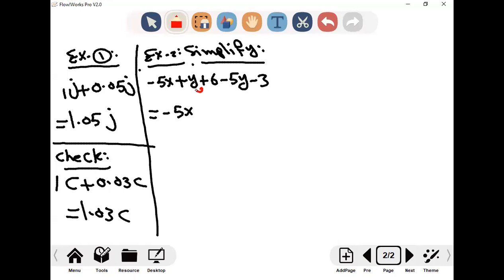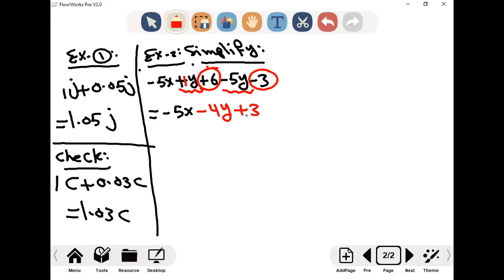How about the y? Here y power 1, here y power 1. So they are like terms. So what's the number beside the y here? We have 1. Plus 1 minus 5 is how much? Negative 4y. Then 6 minus 3 is positive 3.